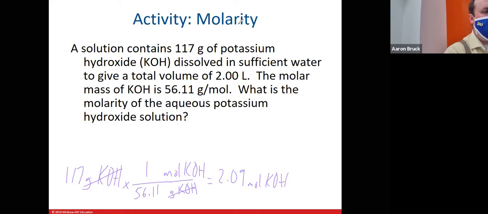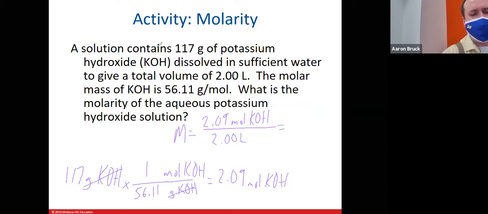To find the molarity, I need moles of KOH, 2.09 moles of potassium hydroxide divided by the 2.00 liters of solution.